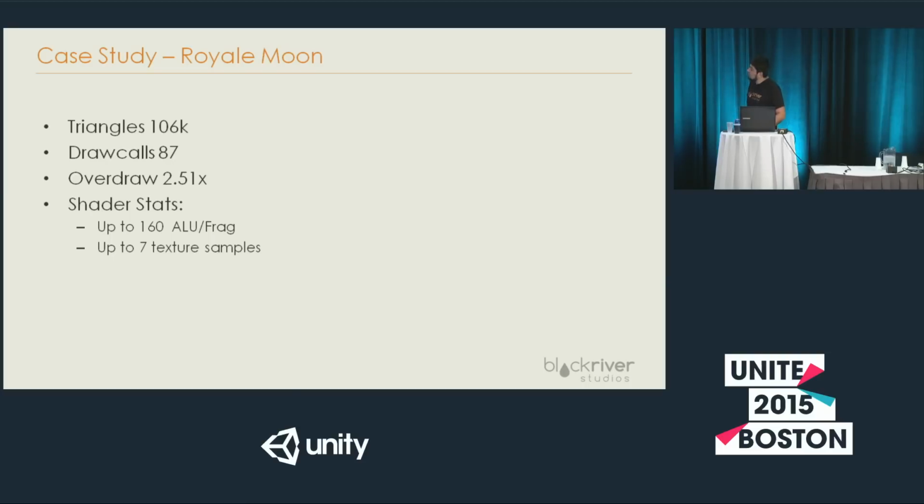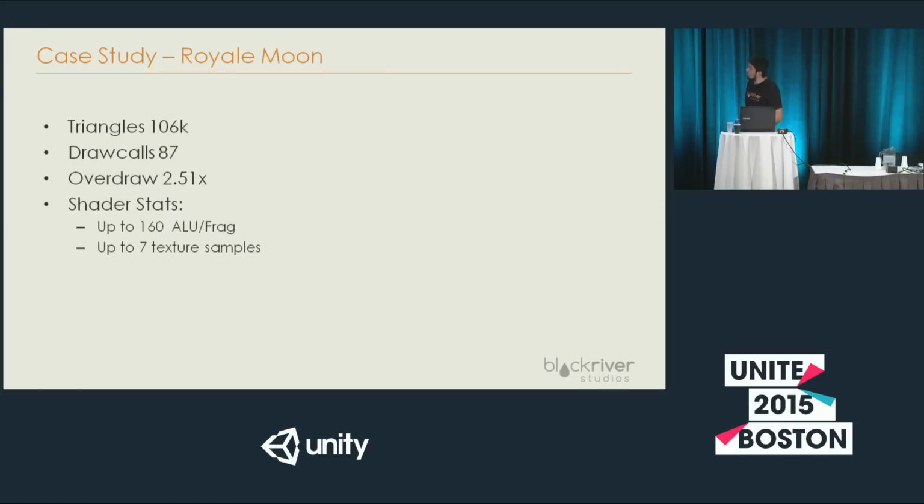On the shader stats, the heaviest shader has 160 ALU instructions, which are math instructions like multiplies, divides, interpolations, blends, things like that, and up to 7 texture samples, so that's a lot.